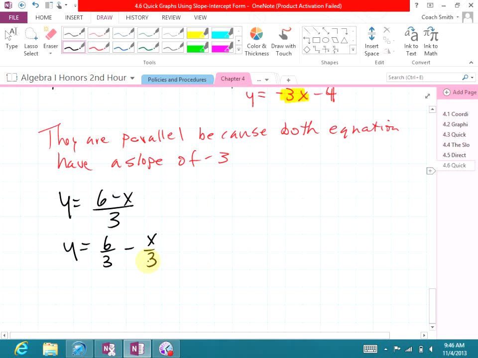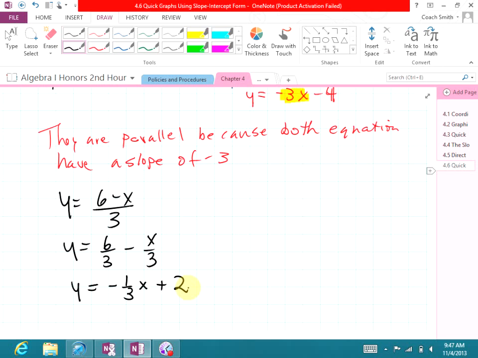Slope-intercept form means y equals negative 1/3 x plus 2, because x over 3 is the same thing as 1/3 times x. Just like x over 5 would be 1/5 times x, and x over 12 would be 1/12 x.